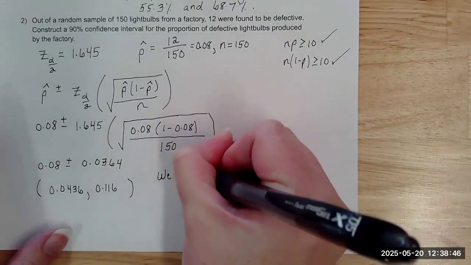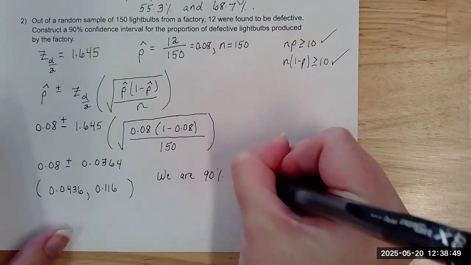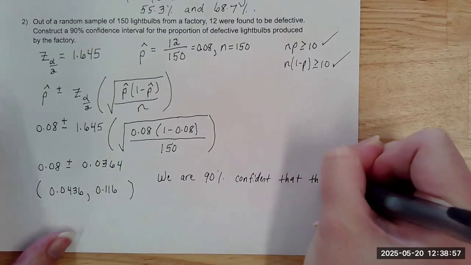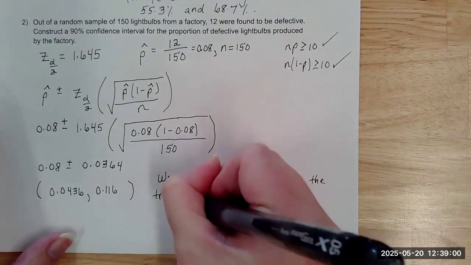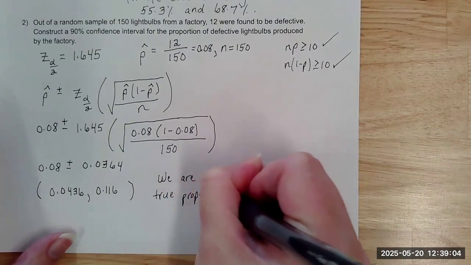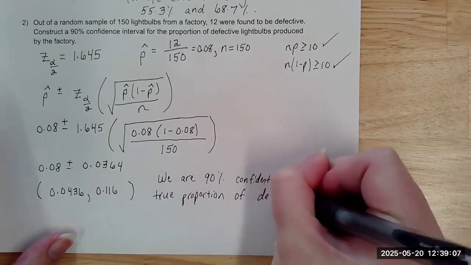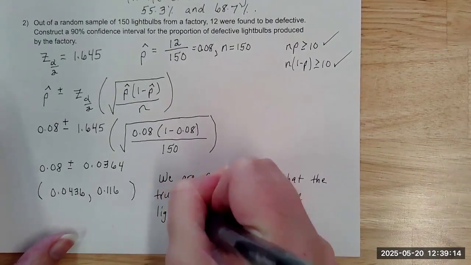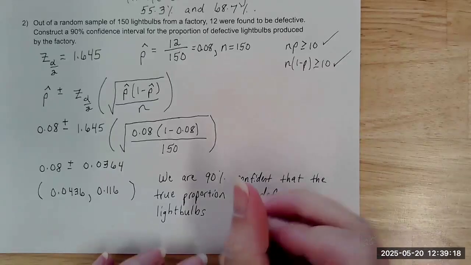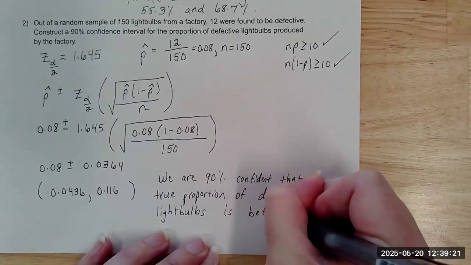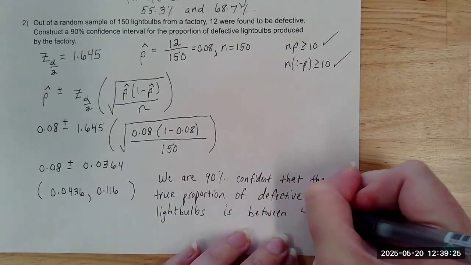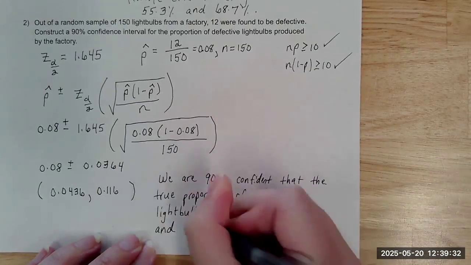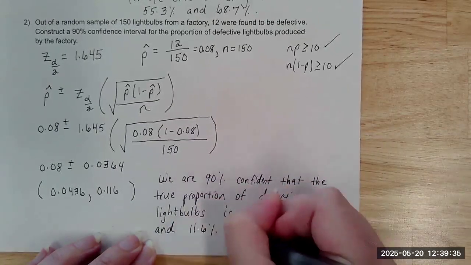We are 90% confident that the true proportion of defective light bulbs is between 4.4% and 11.6%.